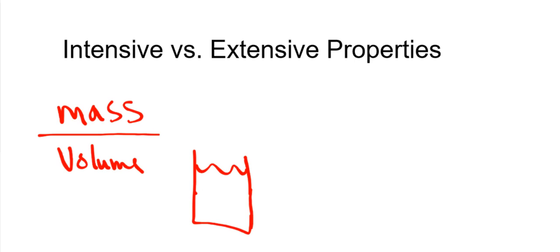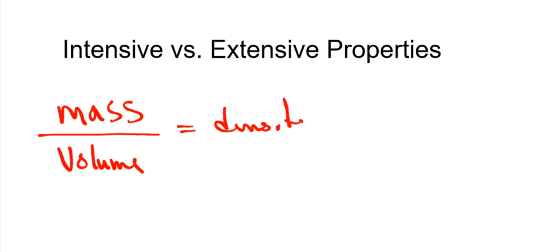So the amount does determine the volume I have. All right, but if I take mass and I divide it by volume, I end up with density. And these are both extensive properties, but density is an intensive property.